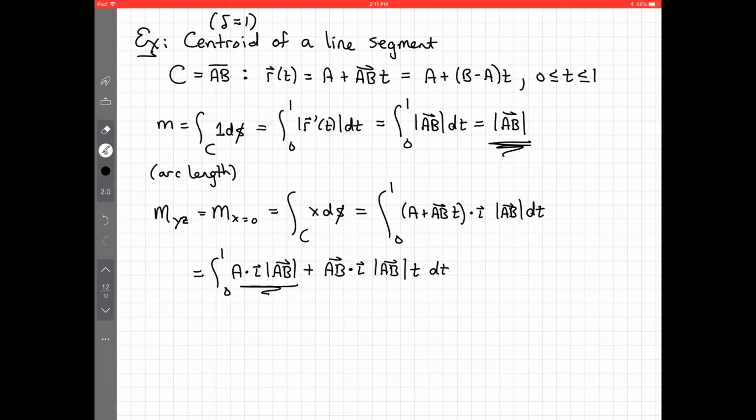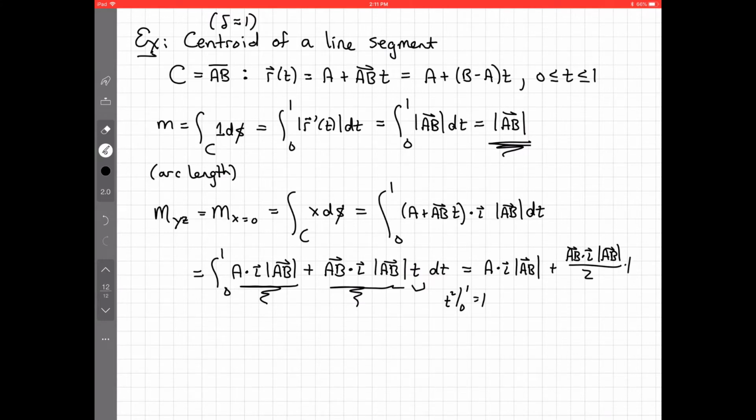Again, this first part right here is just a number, so we have A dot i times the length of AB, and then we have another complicated looking thing, but just a number, times t. t integrates to t squared over 2, so we'll have AB dotted with i times the length of AB over 2, and then t squared evaluated at 1 and 0 is just going to come out to be 1. So this thing is just multiplied by 1.